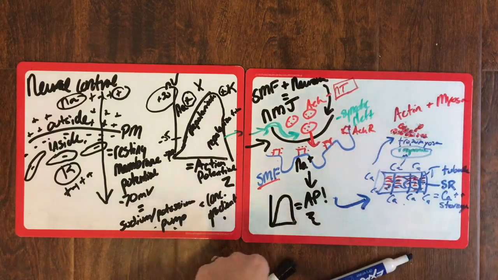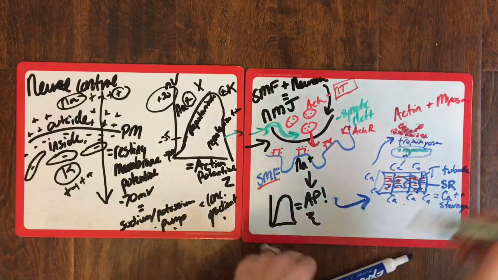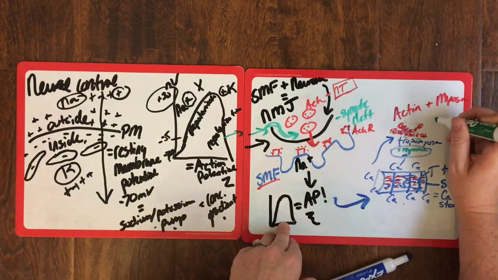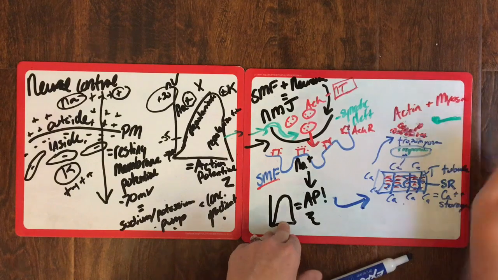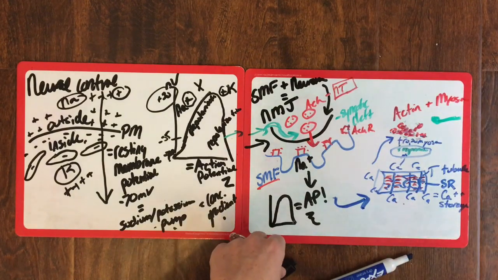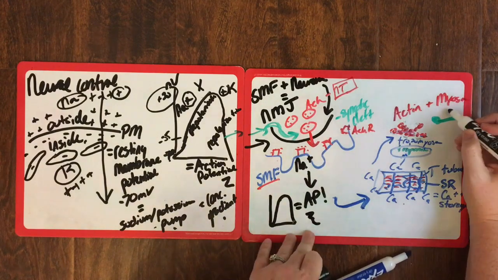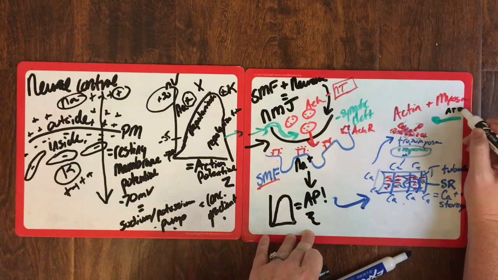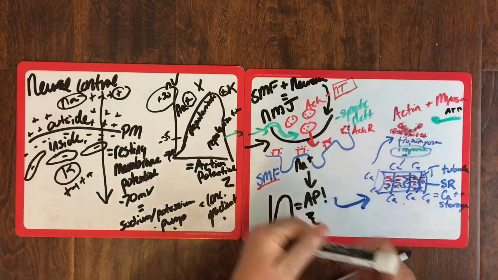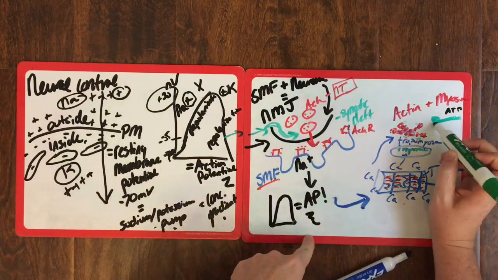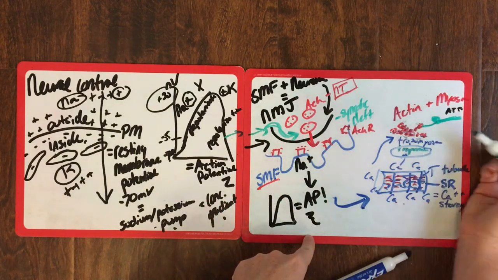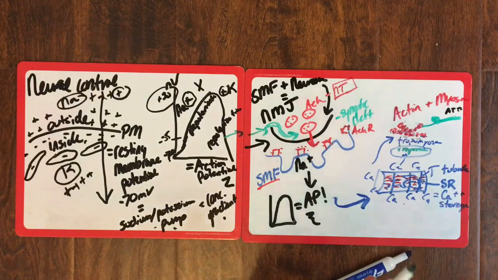At this point, let's draw our little myosin. This is one myosin with a little cleft head. As long as you have ATP, this myosin can bind to this actin, and they'll do something called the power stroke, and I'll do that in a different video, but that's basically the basics of skeletal muscle contraction.